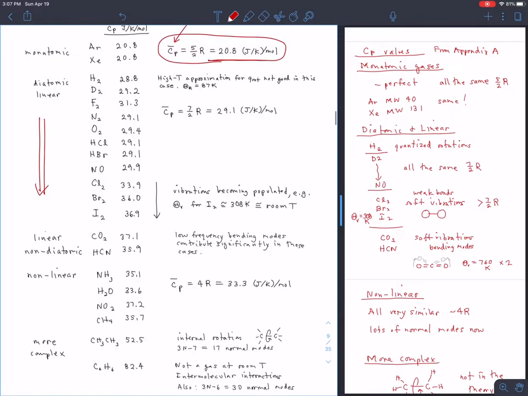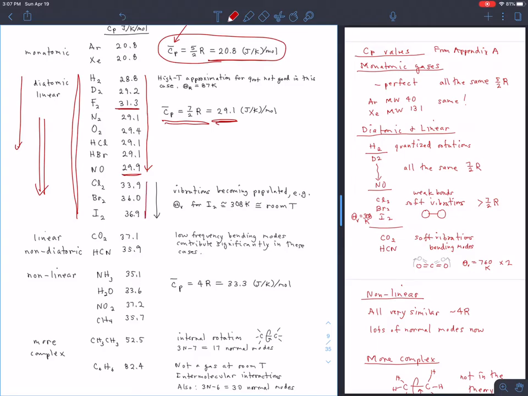All right, now all the diatomic and linear molecules, especially all these diatomics. Let's look at those. First of all, let's calculate the value you would get if there's just translations and rotations, ignoring vibrations. It's 29.1. Look at all these values. They're not quite all 29.1, but they're all close. The only exceptions that are a little bit bigger are the one for F2 here, which we'll talk about, and down here for NO, it starts to get a little bit bigger.